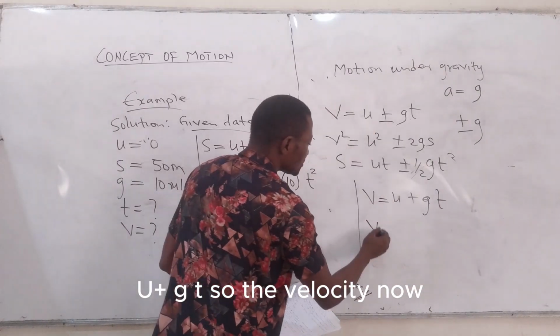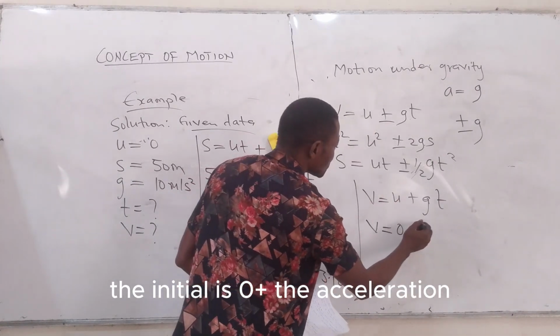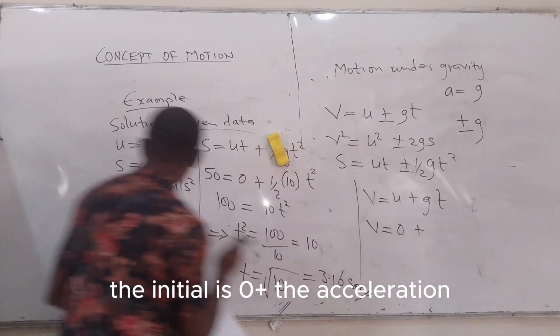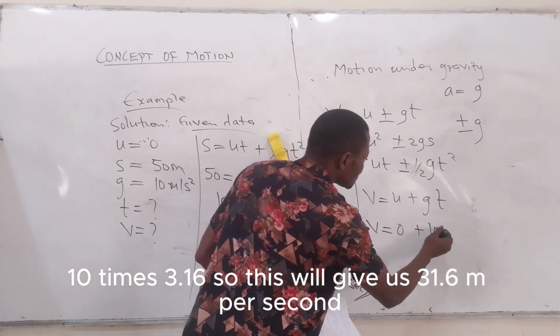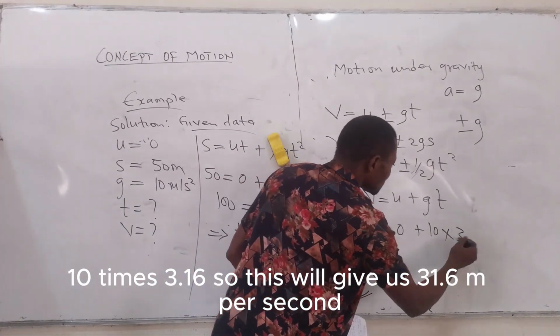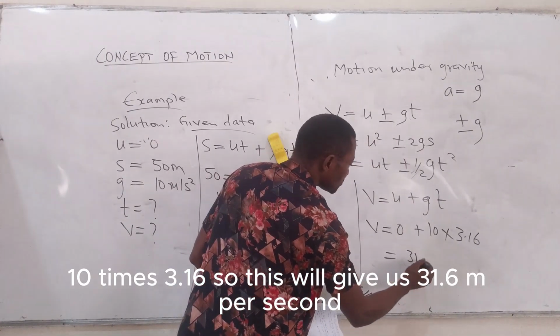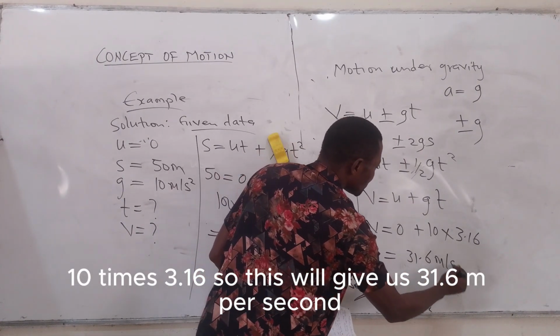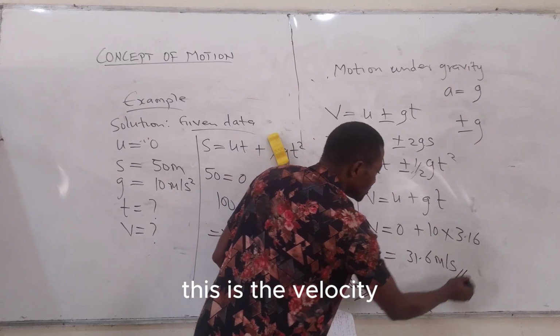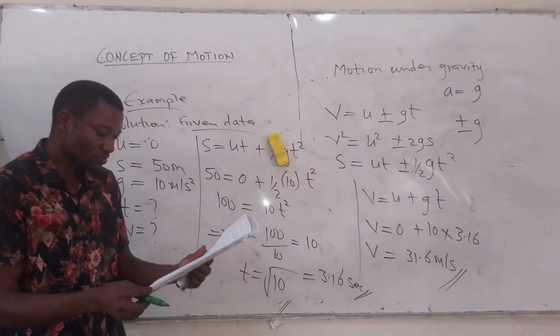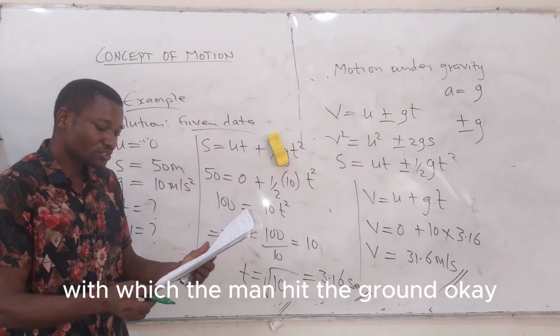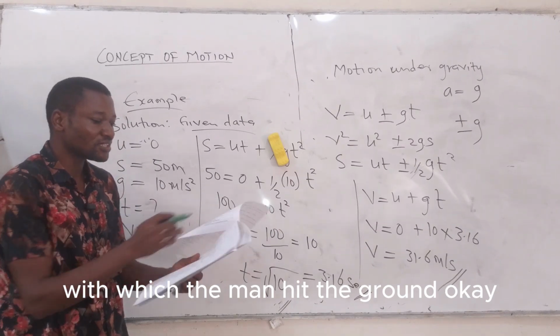So the velocity now, the initial is 0 plus the acceleration 10 times 3.16. So this will give us 31.6 meters per second. This is the velocity with which the man hit the ground.